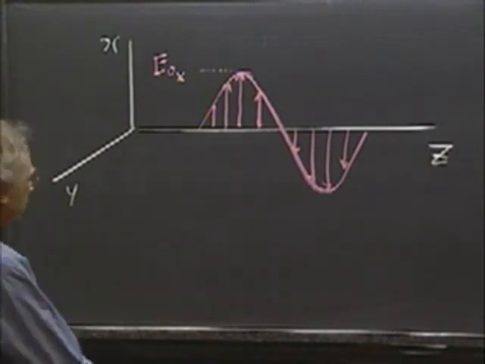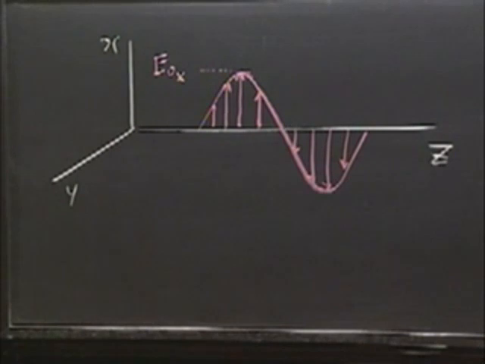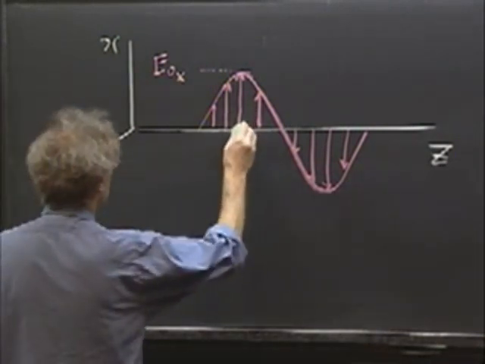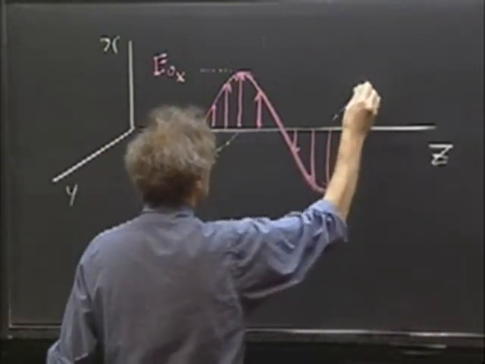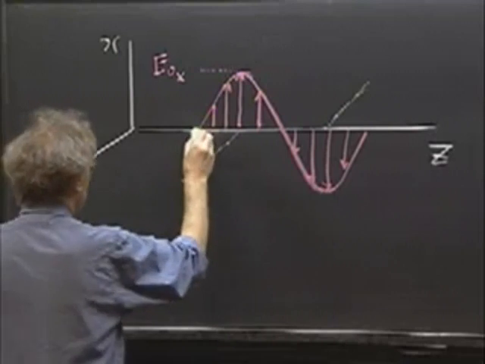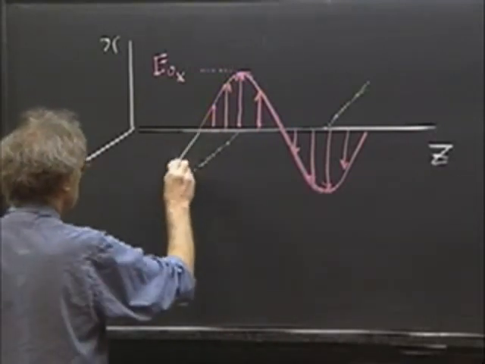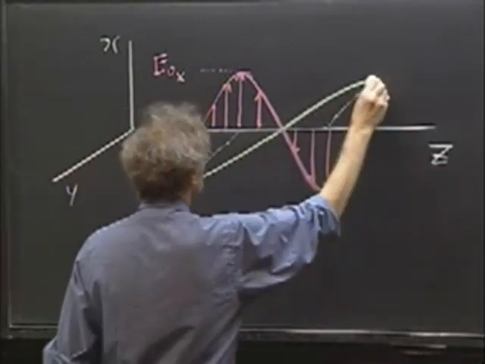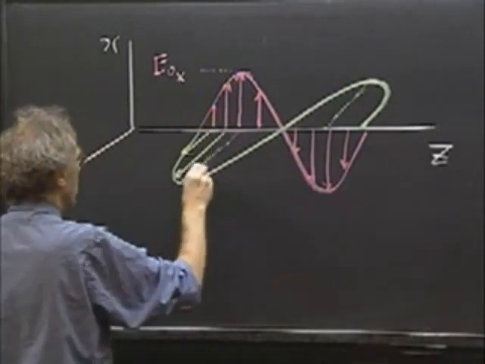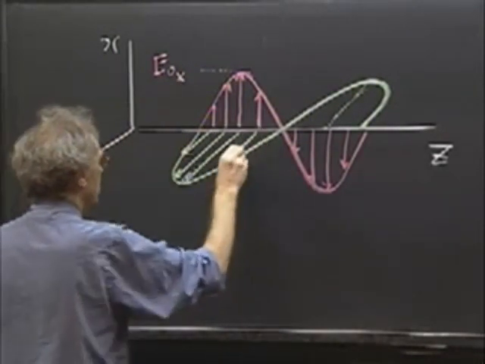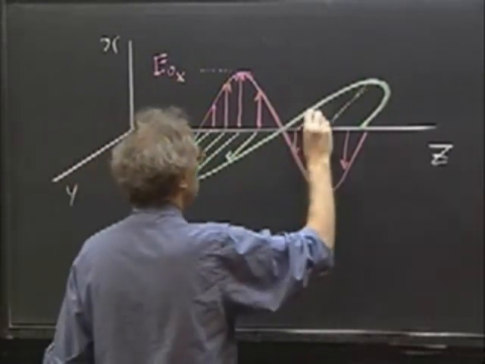Associated with that E field is a B field that is in the y direction. So that's like this. It's in the yz plane. And so the B vector is like so, like so, like so, like so.